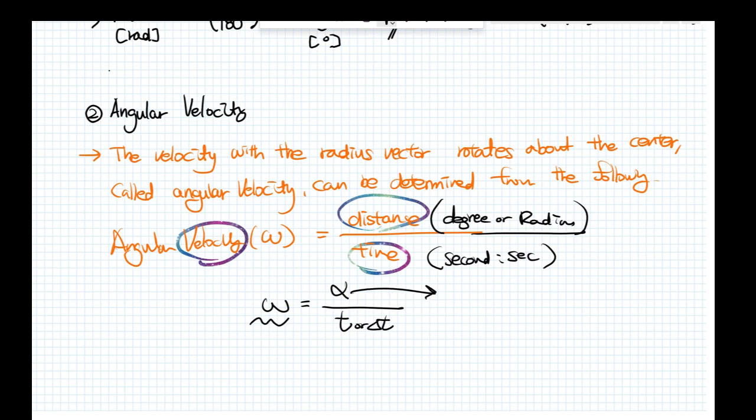Again, alpha is sometimes degree or radian, pi to 2 pi, so on. That is 180 degrees, 360 degrees, so on.